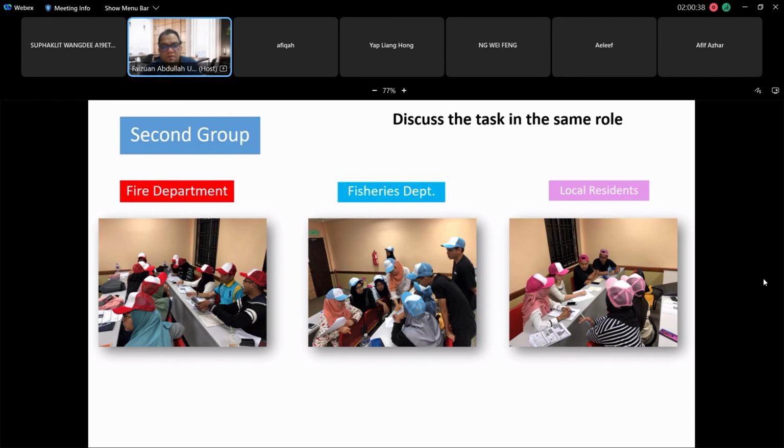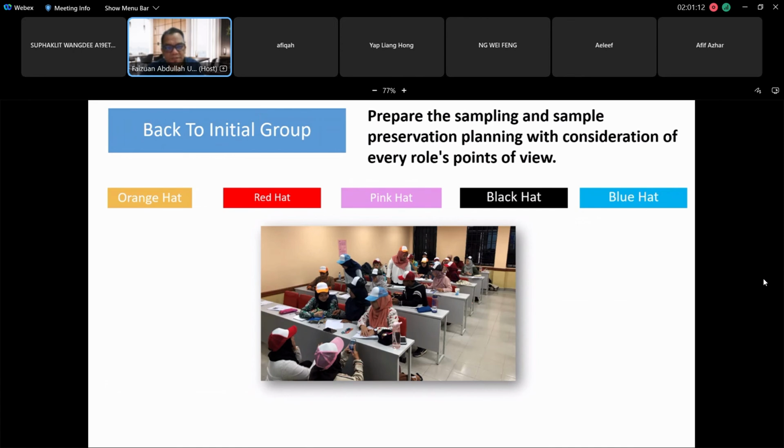For the fisheries, we need to take the fish sample. For local residents, this is our concern: you need to take this type of sample to analyze. We are local residents, very worried about our healthcare and so on. For the fire department, hazmat material, we need to take, for example, only the water sample because it is crucial in this part, the pollution or whatsoever. You need to discuss, and after that, you go back to your main group, the initial group.